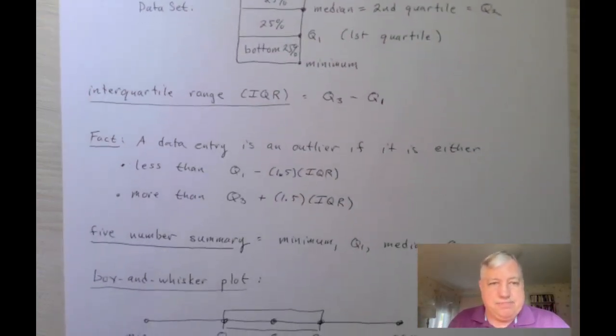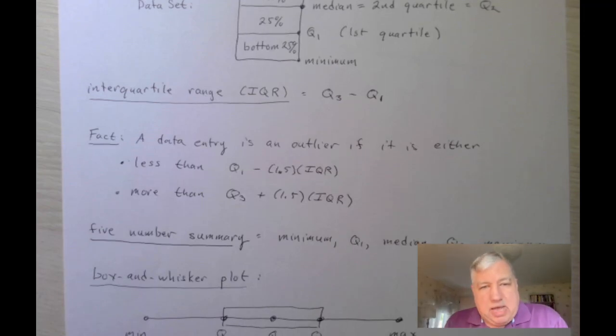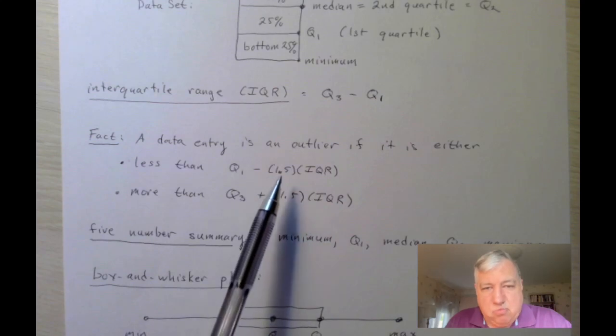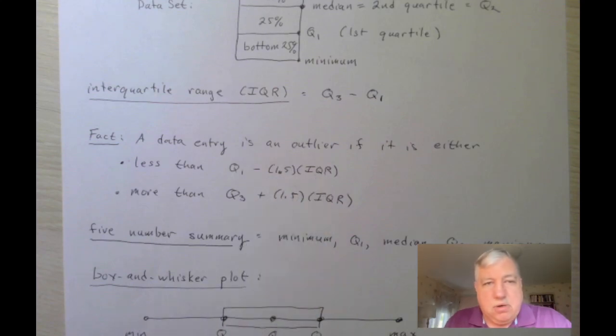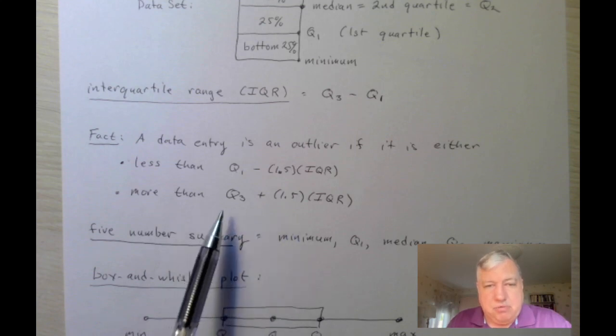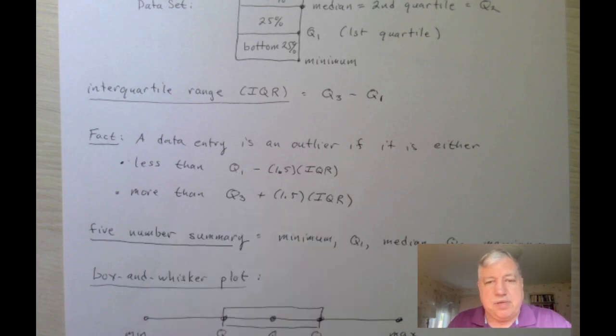Now we talk about outliers, and here's the technical definition. We know that an outlier is a number that is far from the other entries. Well, just how far? It's either less than Q1 minus 1.5 times the interquartile range, or more than Q3 plus 1.5 times the interquartile range.